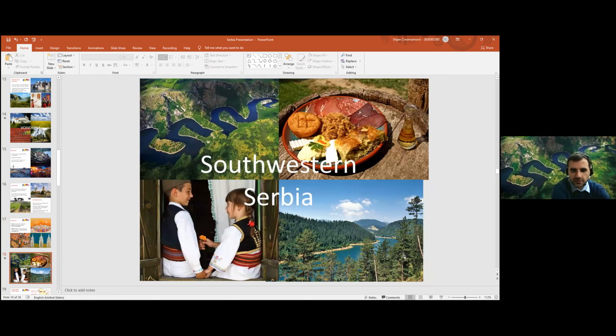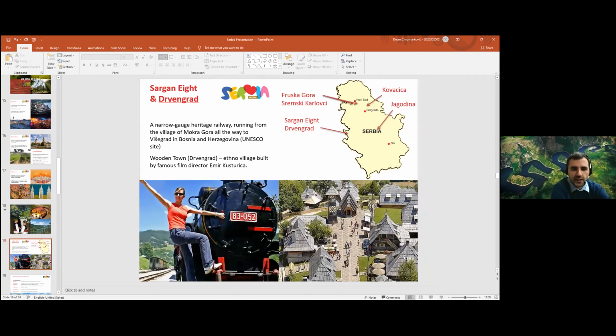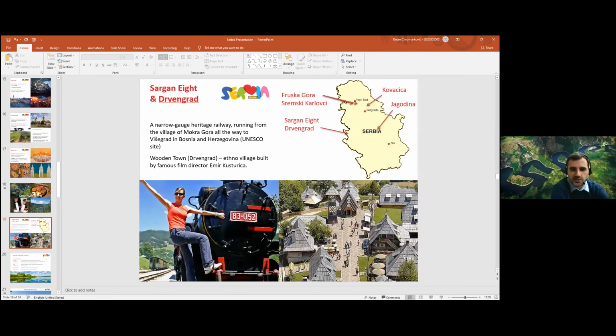Southwestern Serbia, something different. You may have seen, okay, you see the back. My background is actually the Uvac River Canyon, and it's one of the most impressive landscapes in Serbia. In Western Serbia, we have Šargan Eight and Drvengrad.